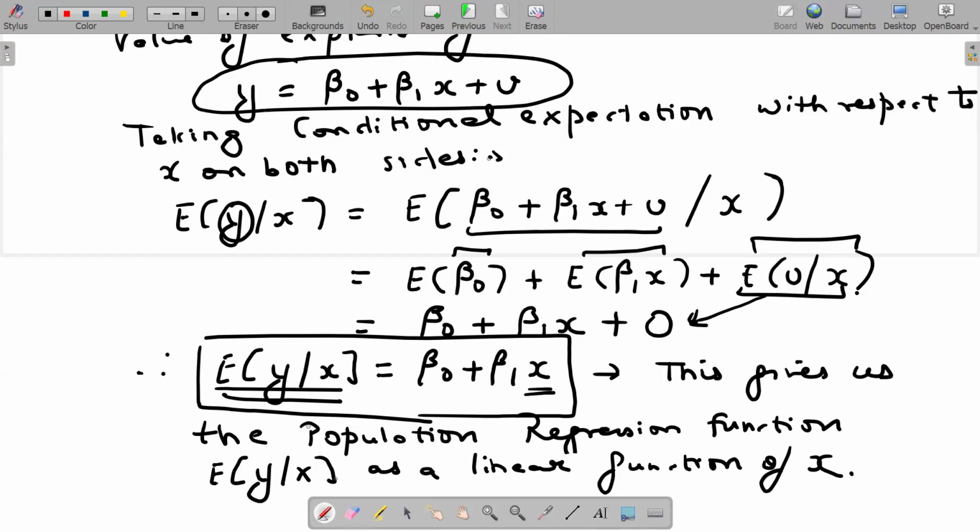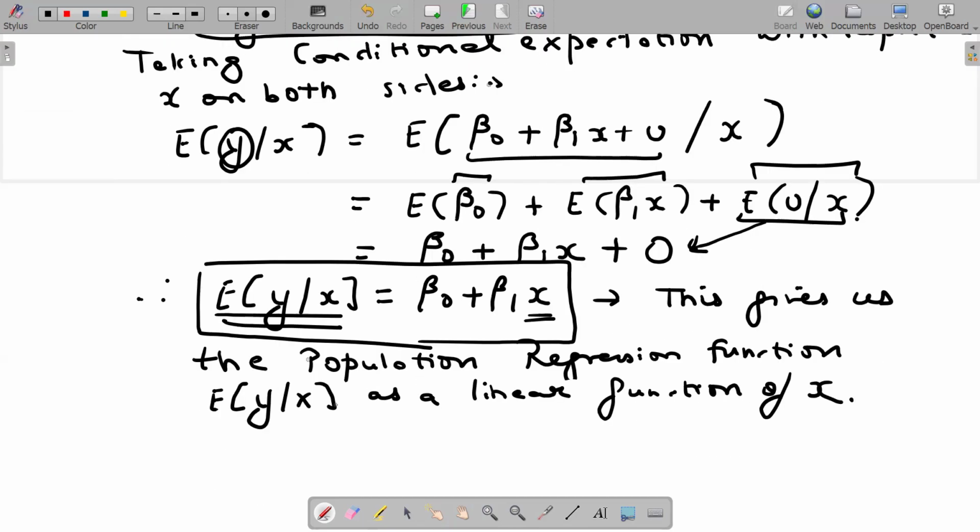The second assumption is that the conditional mean of the error term is 0. That means the expected value of u conditional on x is 0. We have also learned that x has no impact on u in the population. And using this, we have derived the population regression function as a linear function of x.